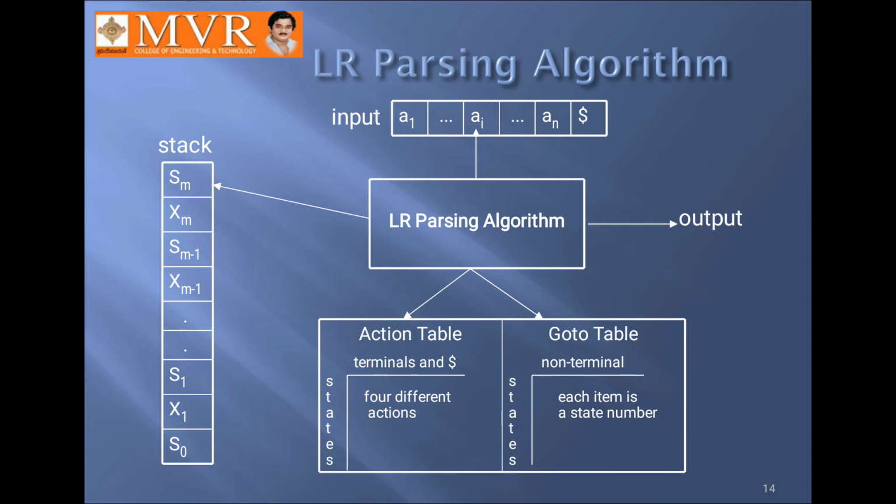In LR, it tries to recognize a right hand side on the stack, pops it and pushes the corresponding non-terminal. LL expands the non-terminals and LR reduces the non-terminals. LL is a pre-order traversal of the parse tree, and LR is a post-order traversal of the parse tree.